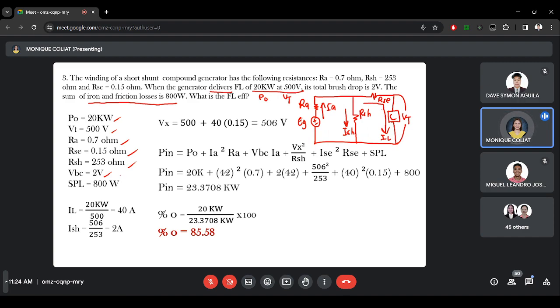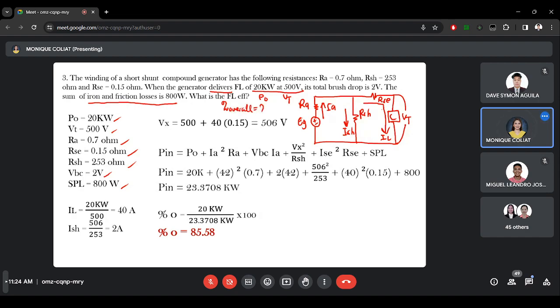Okay, let's start by getting the formula of the input power. Based on the circuit, the input power is equal to PO plus IA squared RA. Aside from RA, is there any resistance given that is in series with the armature? None. So that is IA squared RA. Then we have VBC times IA.